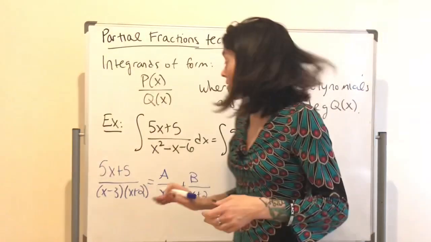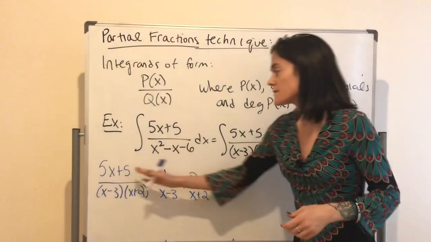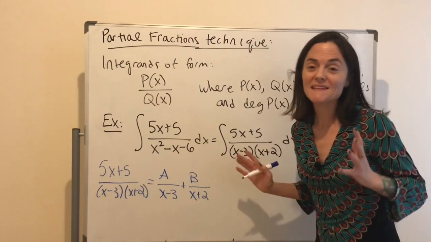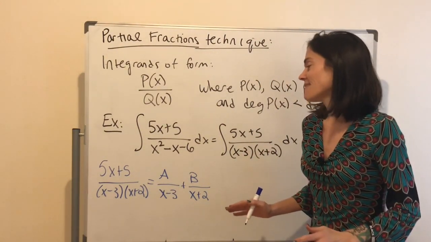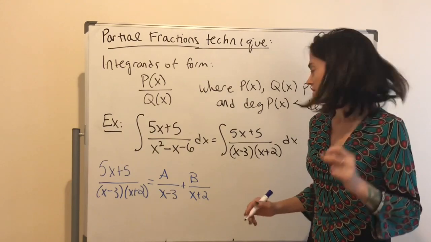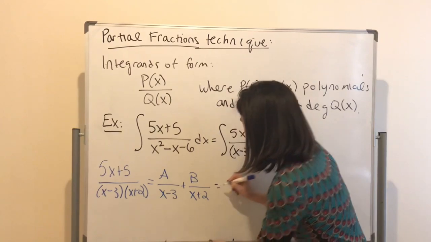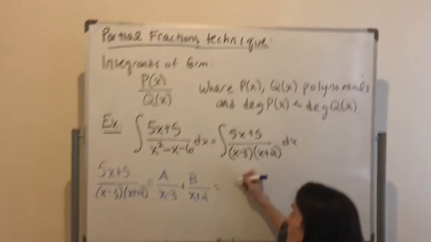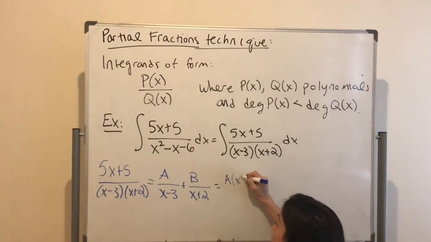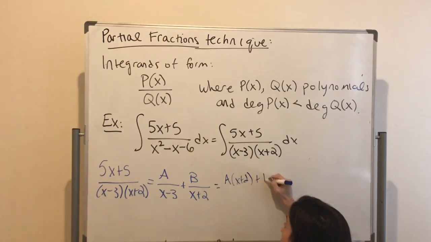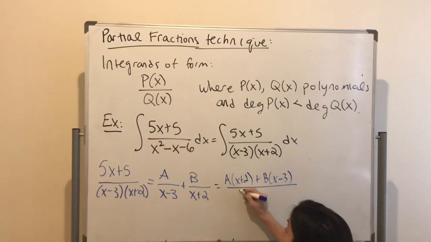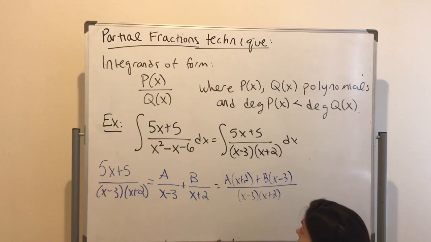The steps here are very much like the first example. If these two are equal, I want to get a common denominator, and then I will be able to set the numerators to be the same. The common denominator you already see on this side. So this would be A times x plus 2, plus B times x minus 3, over this product, very much like we did at the very beginning.